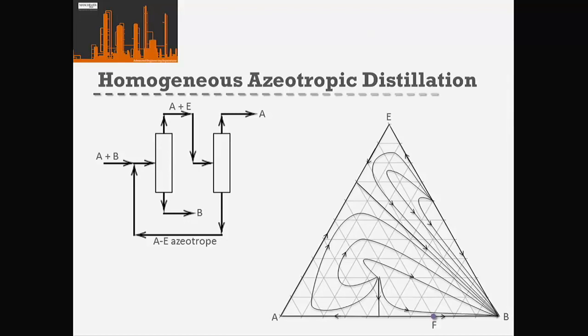So we're trying to separate our A from our B based on our feed F. But we've got an azeotrope in the way. And we managed to find an entrainer or a solvent that we can actually add to our system.